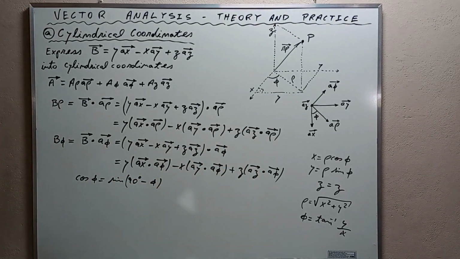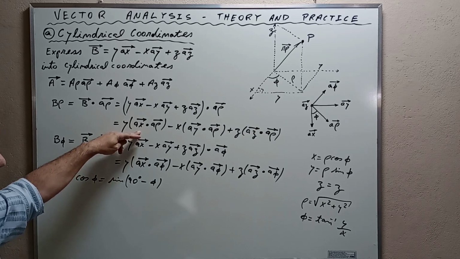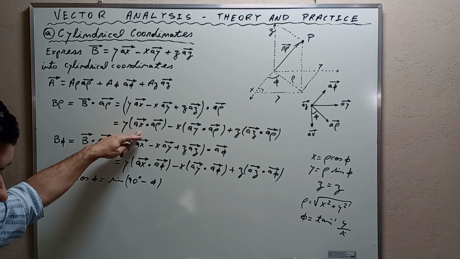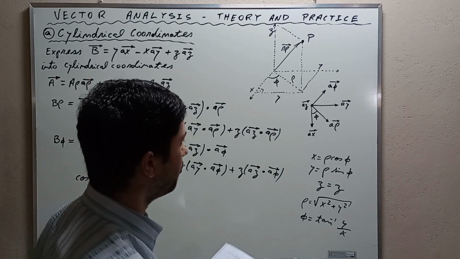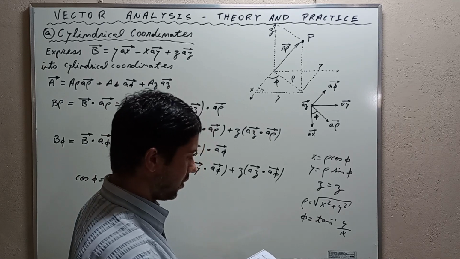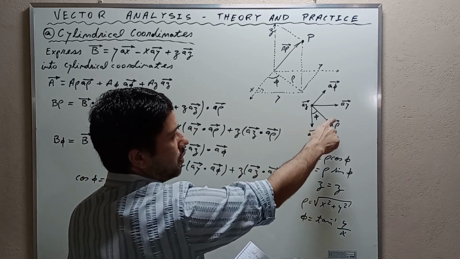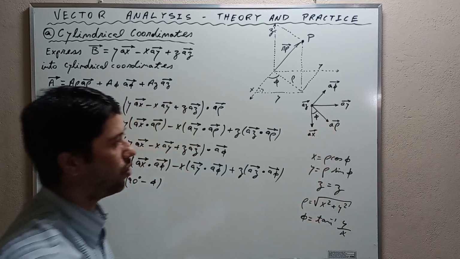Okay. In this way, a rho times ax is equal to the cosine of phi. Pay attention to this, okay? We have here x and x in a dot product with rho is equal to the cosine of phi.